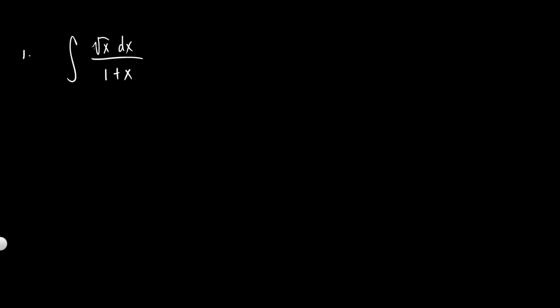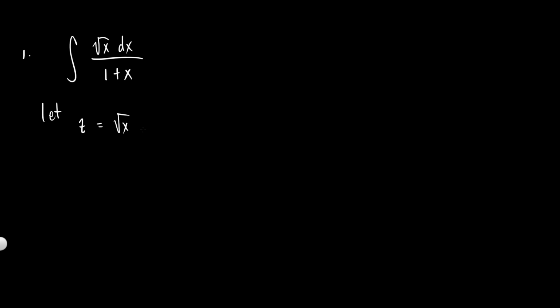And the main objective is the removal of the radical by substituting a new variable of integration. In this integral, the variable of integration is x. So we need a new variable of integration. Let's say z equals the square root of x. So z is the new variable of integration.